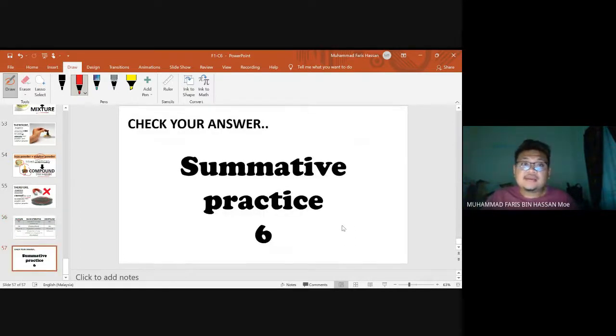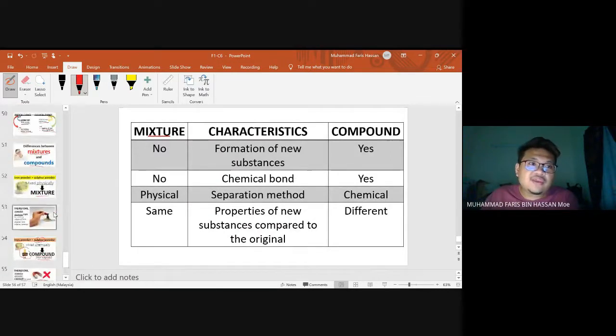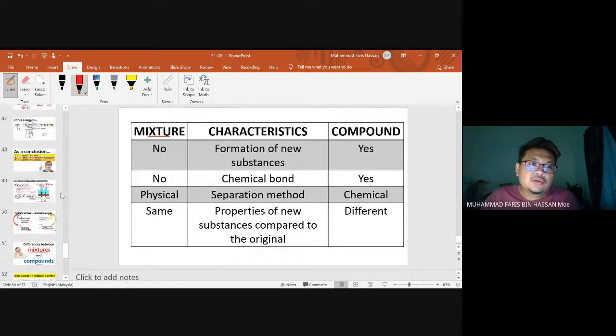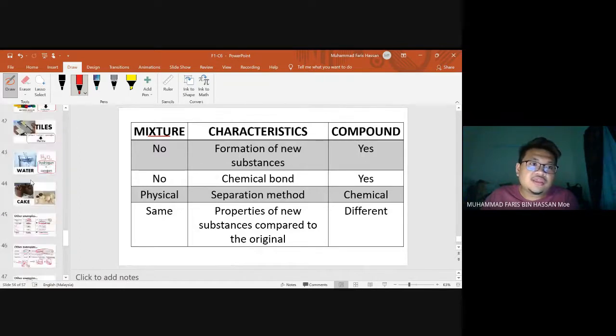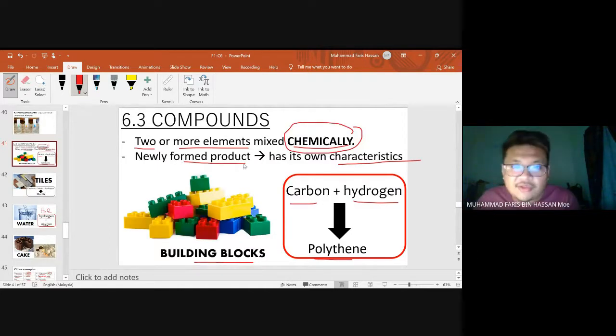Okay, so we are done with the compound. So we do a recap of what we learned today. In today's lesson, we learned about compounds.